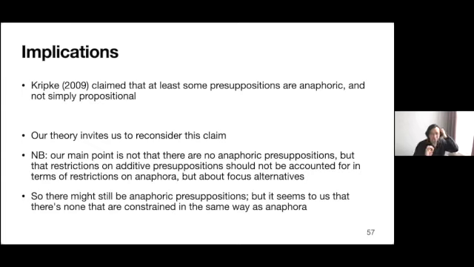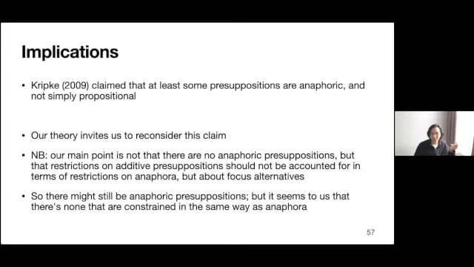So one important theoretical implication here. Okay. So according to our view, we're not resorting to anaphoric presuppositions, right? We don't need to say that there's an anaphoric component in the presupposition. Our additive presupposition is actually completely propositional. Then we should reconsider this claim that at least some presuppositions are anaphoric, right?